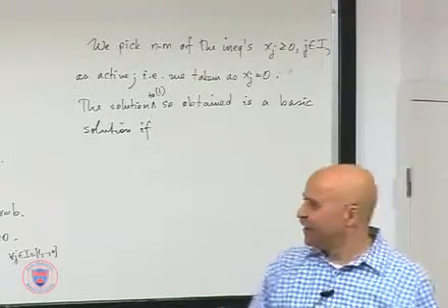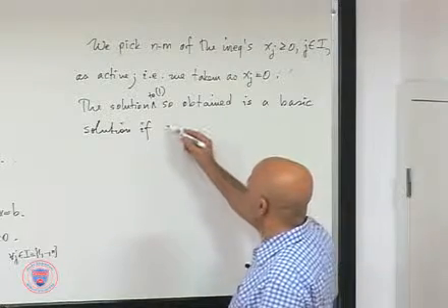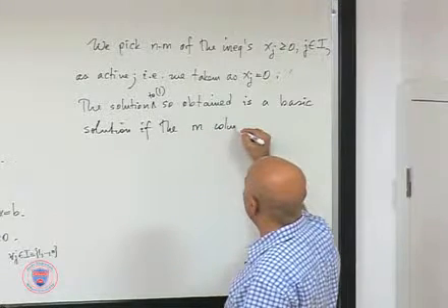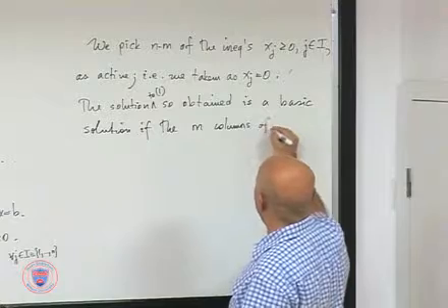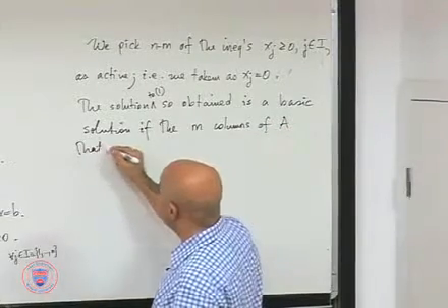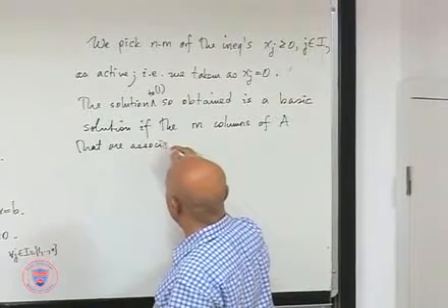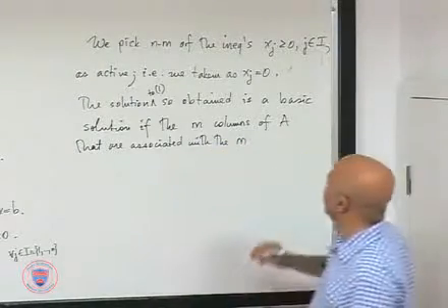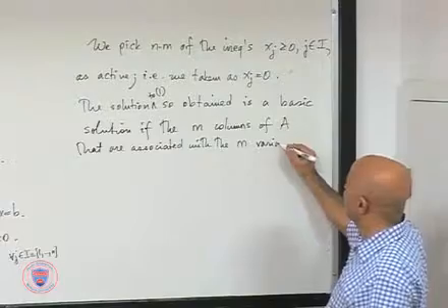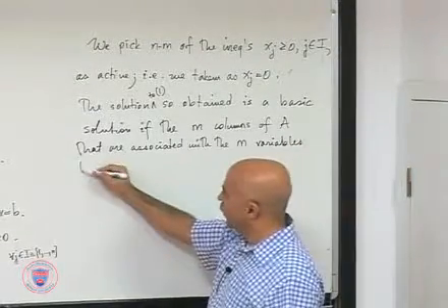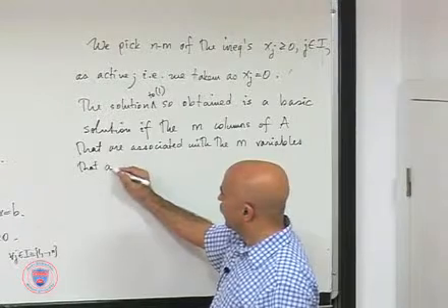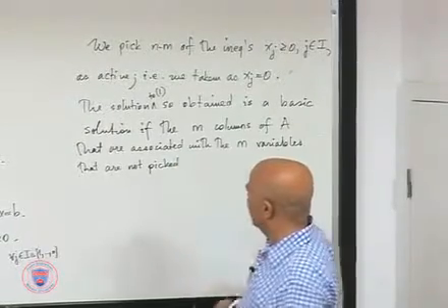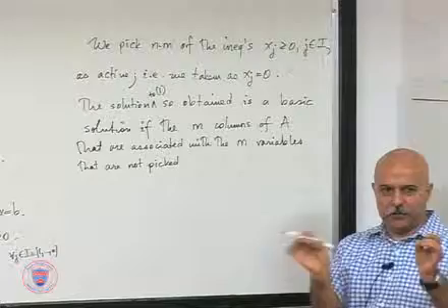Columns. If the m columns of A that are associated with the m variables that are not picked... The ones that are picked are those that you set equal to 0.